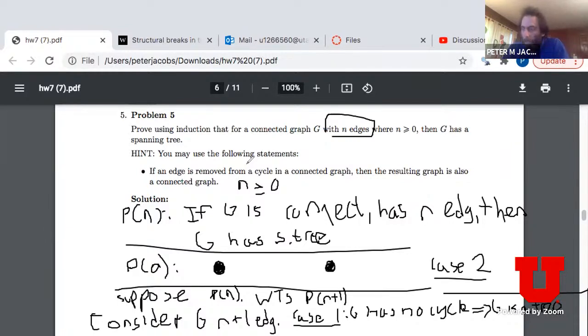So G prime is connected, and it has n edges. We used the inductive hypothesis then, which says that G prime has a spanning tree. And then we argued that G prime and G have the same vertices. So a spanning tree for G prime is a tree that covers all the vertices in G, and so it's a spanning tree for G. So that completes the inductive step.